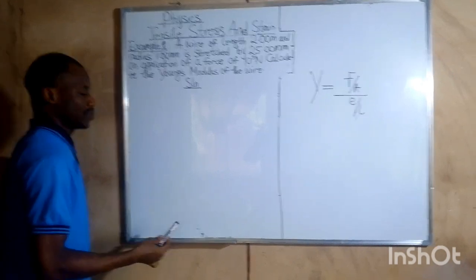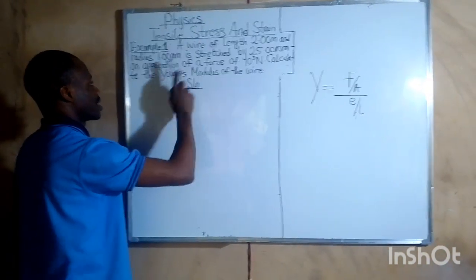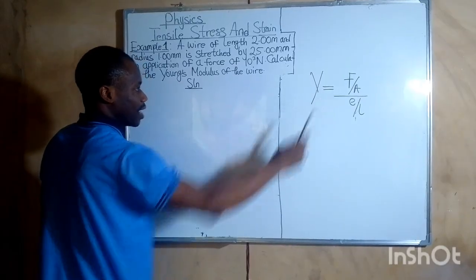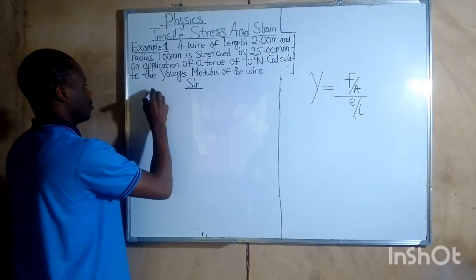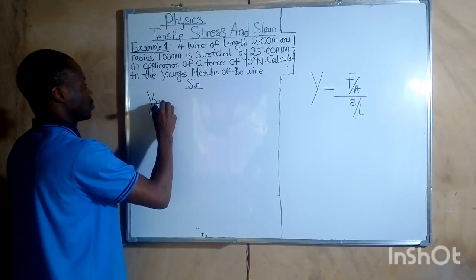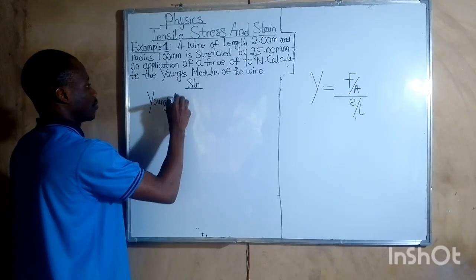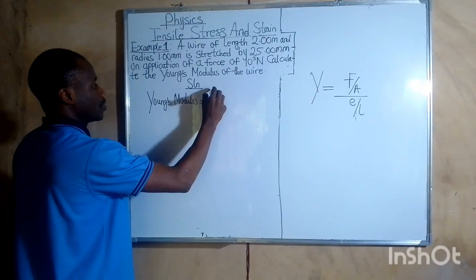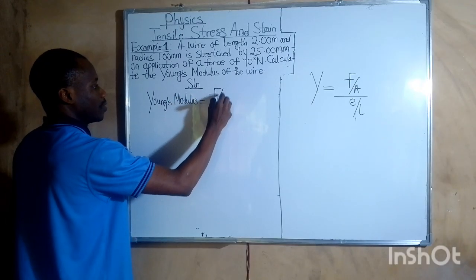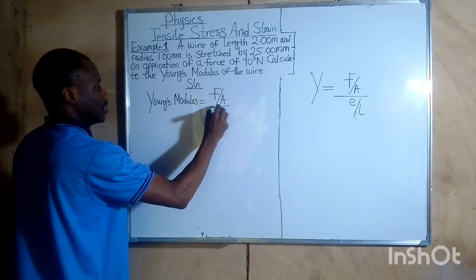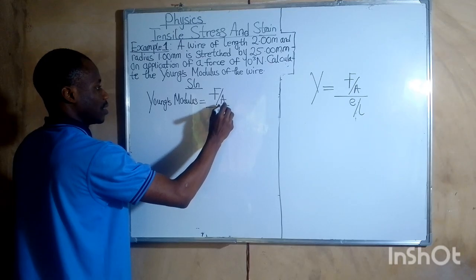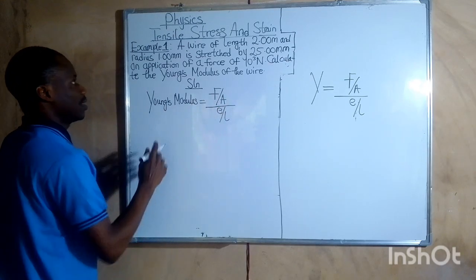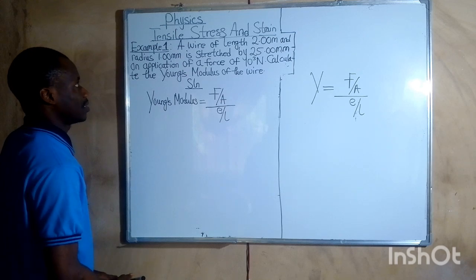The formula for Young's modulus is equal to the force per unit area over e over L, that is the extension over the original length. Now, let's look at all the things that are there.